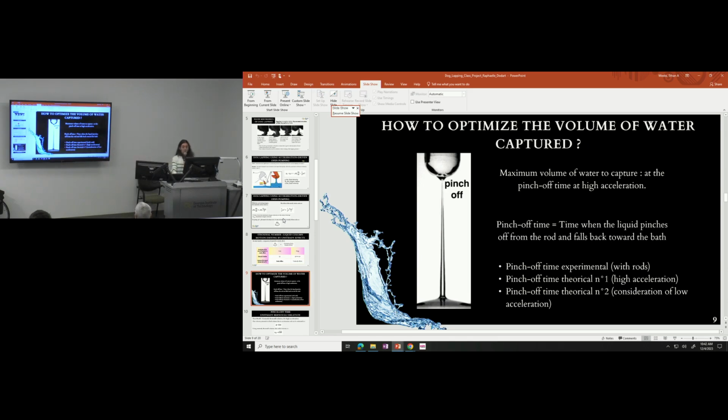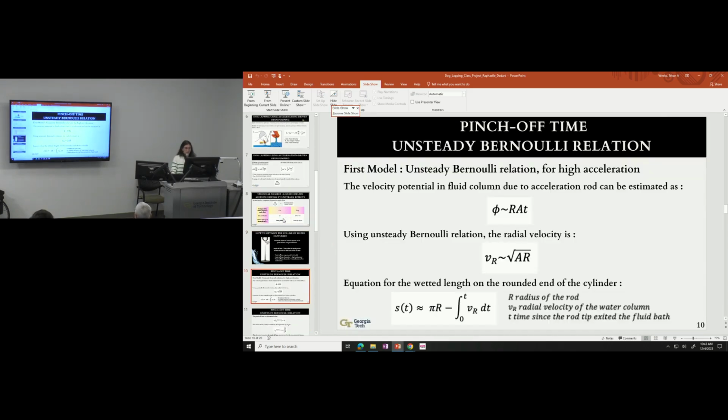I will compare three pinch-off times: the experimental one that was measured by filming the dogs, and two theoretical models. The first model is the unsteady Bernoulli relation for higher acceleration.